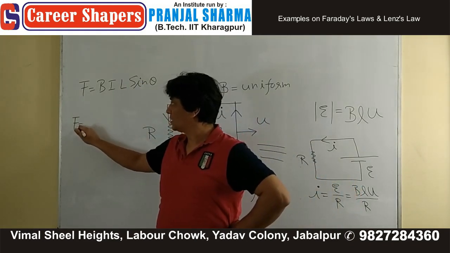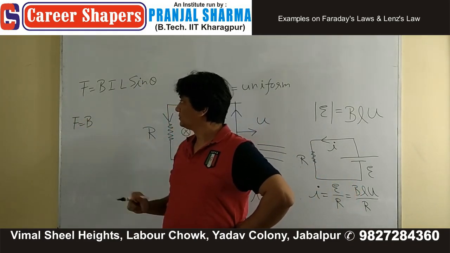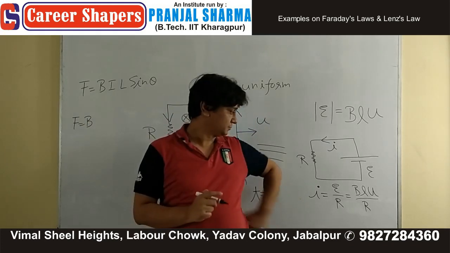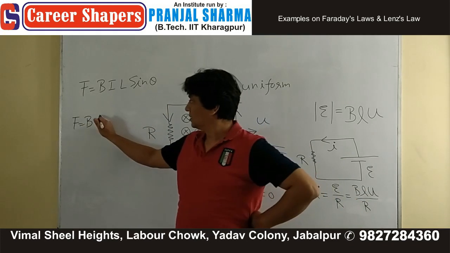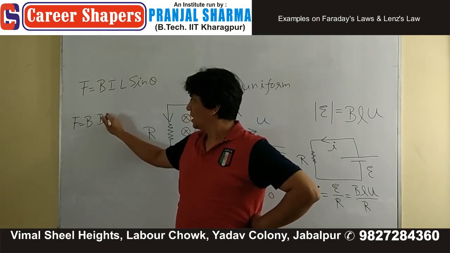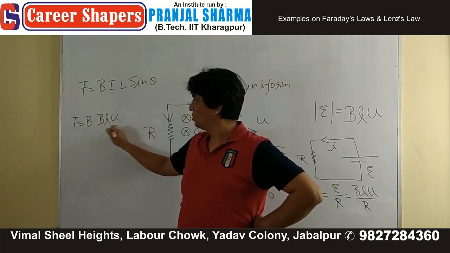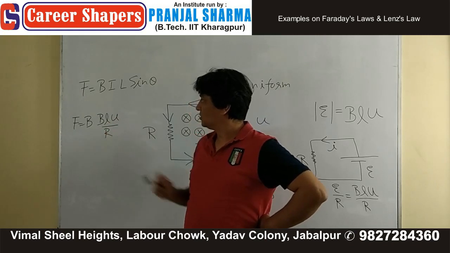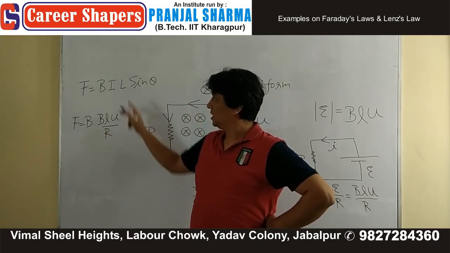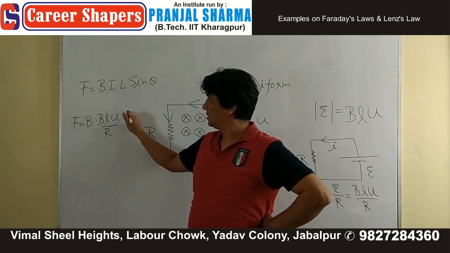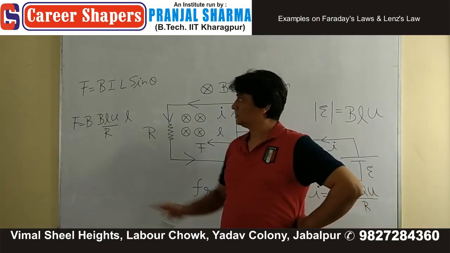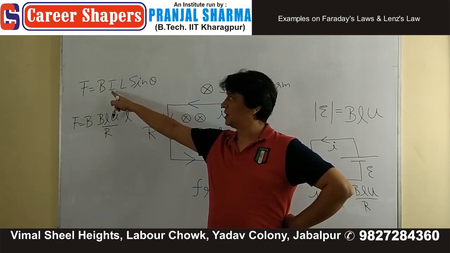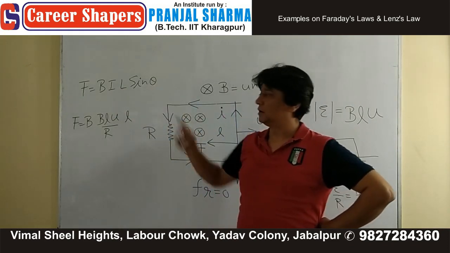Magnetic field is what? B. Current I is BLU upon R. BLU divided by R. This is current multiplied by L, length of the wire, which is L. Length of wire, current, magnetic field, theta.